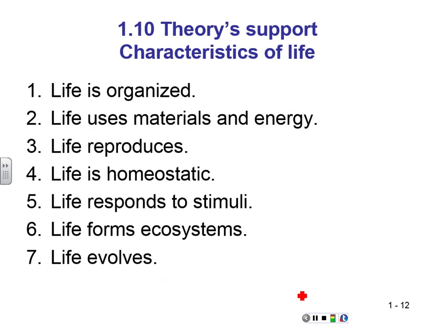So we also need to understand the characteristics of life. So characteristics of life: life is organized, we use materials and energy, we reproduce, we are homeostatic, we respond to stimulus or stimuli, we form ecosystems, and we evolve. So life is organized, we have cells, we use materials.